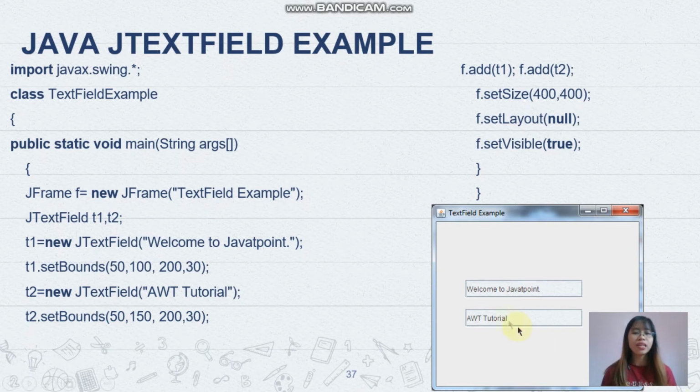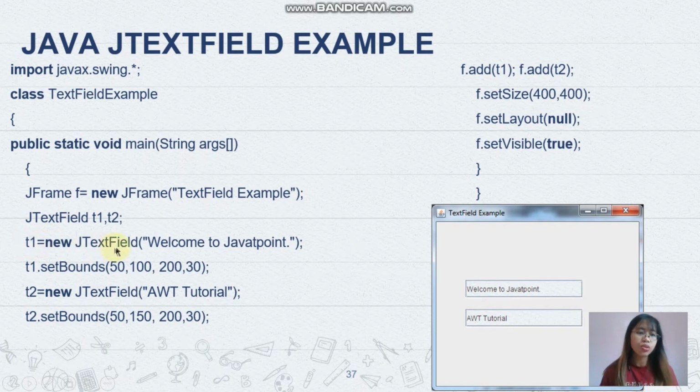So, eto. Sample ng JTextField. So, how do we do that? Same procedure, pero iba yung paraan na ginamit niya dito. You can use either way naman. So, nag-define muna siya ng text field. T1 and T2 is the name of our text field. Right after that, nag-create na siya ng text field.